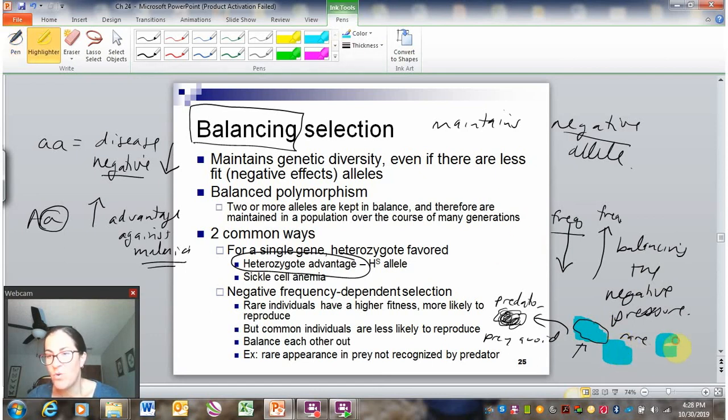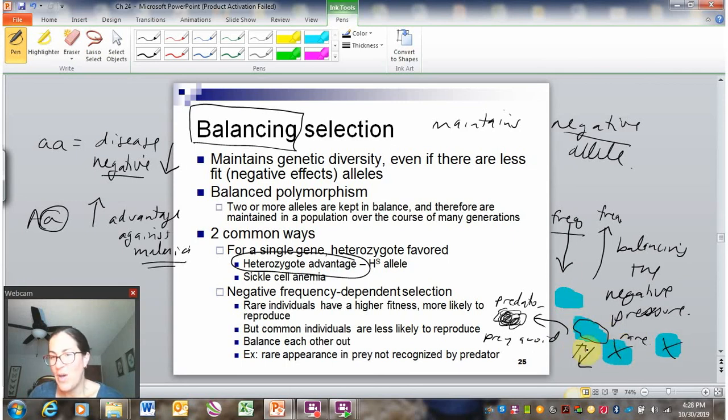So we start to have more and more of the blue predators. And if there are more and more blue predators, then what do the prey learn to avoid? They learn to avoid the blue ones. So as the blue ones start to increase, their fitness goes back down, because now the prey know to avoid them. So that starts to make these numbers go back down. Now the blue is rare again.